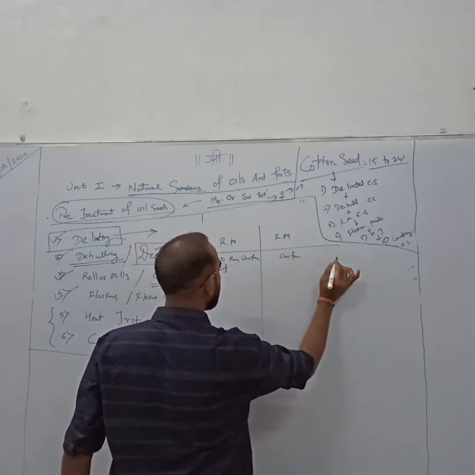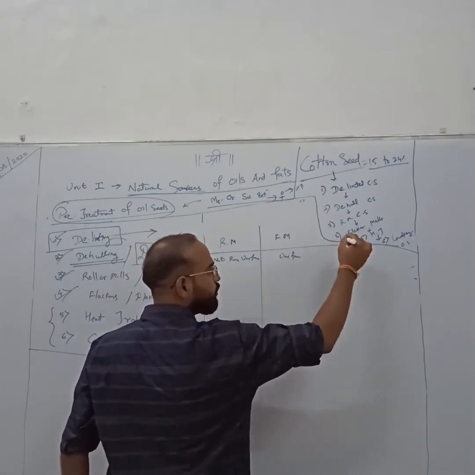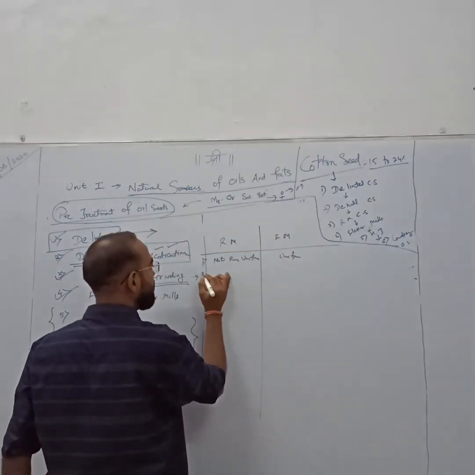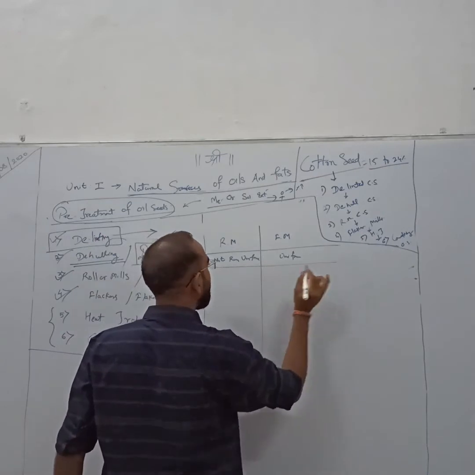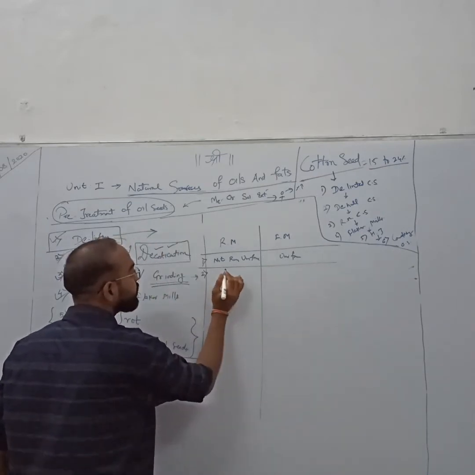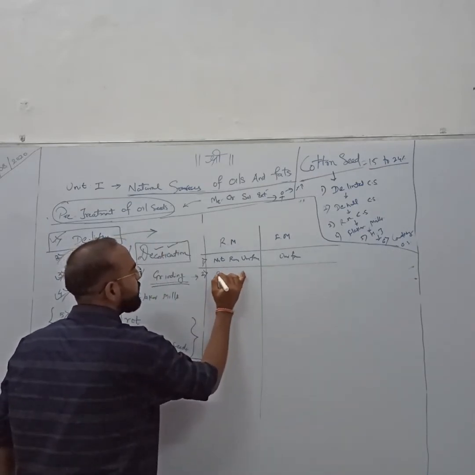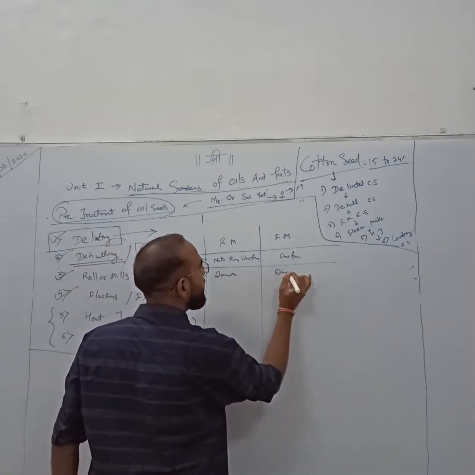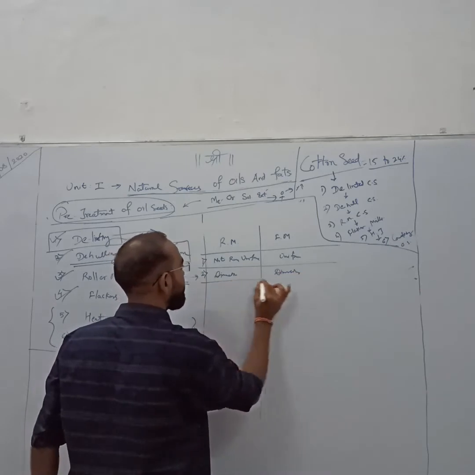Both the rollers are rolling in a uniform way, and in roller mills, they are not uniform due to the size of sheet. Second one is dimensions of roller mill and dimensions of flaker mill.